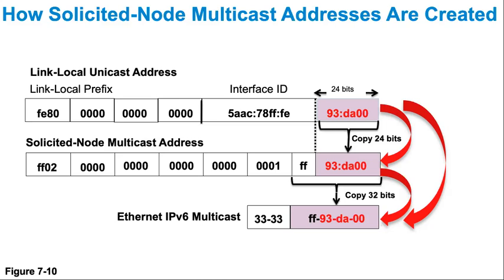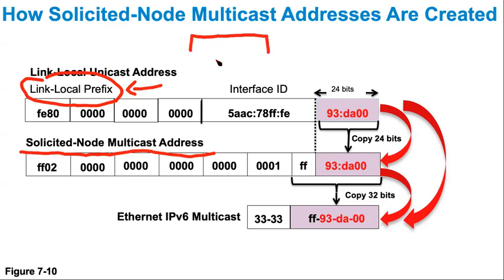I'm going to talk more about this. I have an example coming up at the end, so bear with me on this. But let me suffice it to say this before I move on to the next slide. When a device has any unicast address, it automatically creates this solicited node multicast address. So that means it will accept any packets for this link local address, so any packets with this destination IPv6 address.